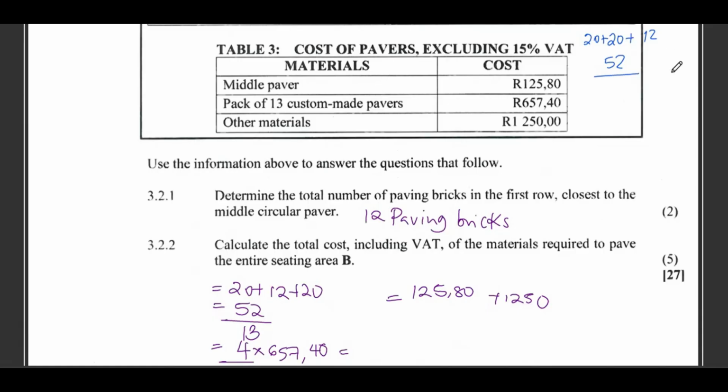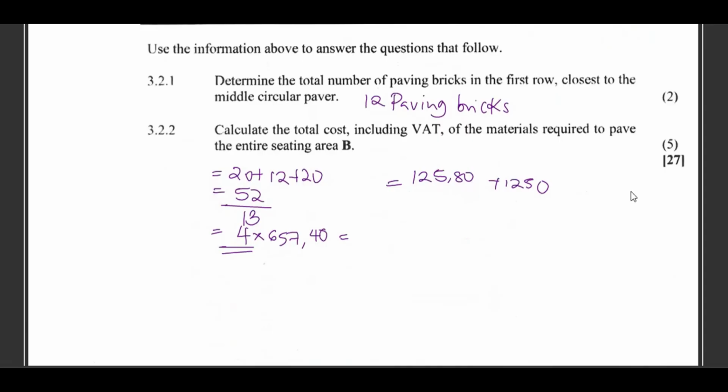So when you add, what do you get? Add up what do you get? We have that much. 125,8 plus 123 plus 4 times 567,40. So this one here, when you add everything, you end up having 4,005 rand.